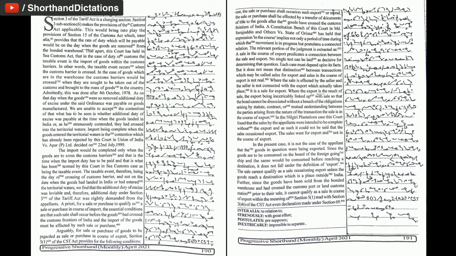In the present case, it is not the case of the appellant that the goods in question were being exported, since the goods are to be consumed on board the foreign going ship and the same would be consumed before reaching a destination. It does not fall under the definition of export.